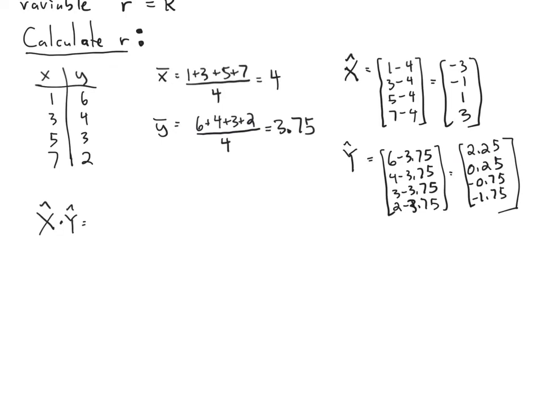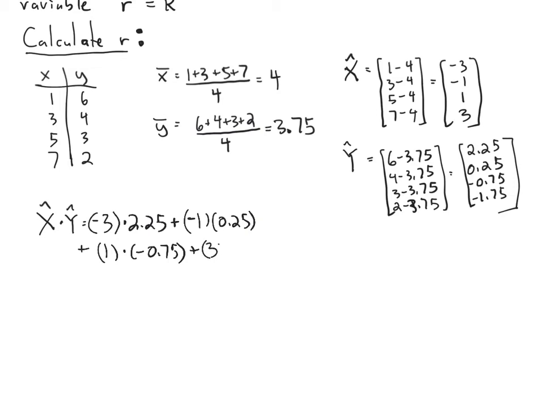So this is going to be the first entries, negative 3 times 2.25, plus negative 1 times 0.25, plus positive 1 times negative 0.75, plus 3 times negative 1.75.